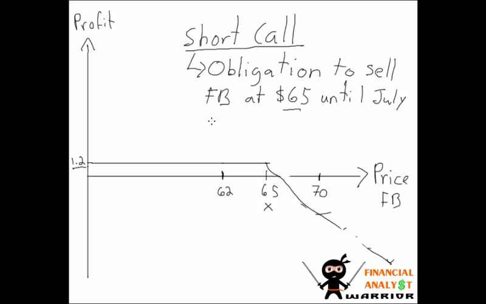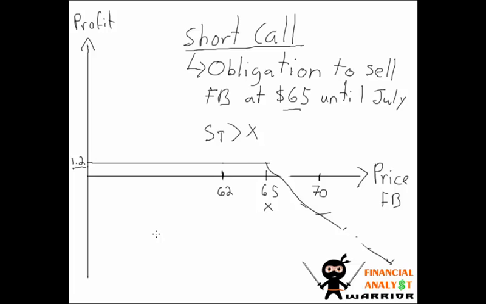In the money, for a call, means that the stock price is higher than the exercise price. It doesn't matter if you're short or long, it's for the option, because short versus long is just a matter of perspective. It's the same contract, the same option, just this guy happened to have sold it and the other guy bought it. In the money is still from 65 up, and out of the money is below 65, below the exercise price.